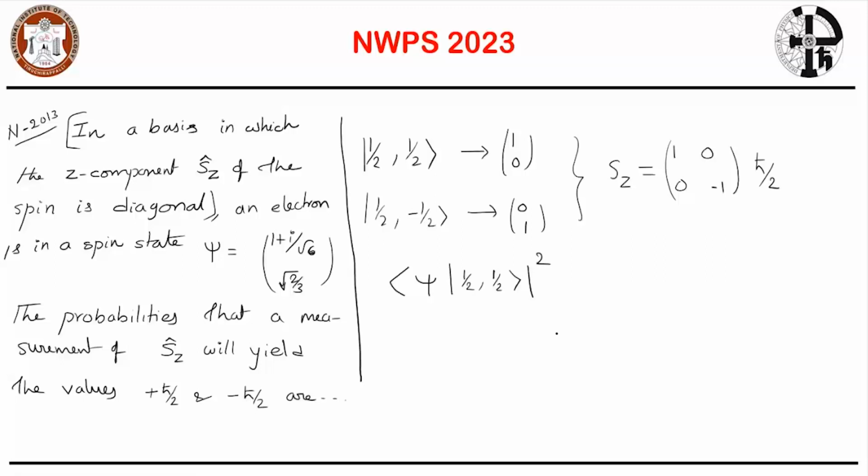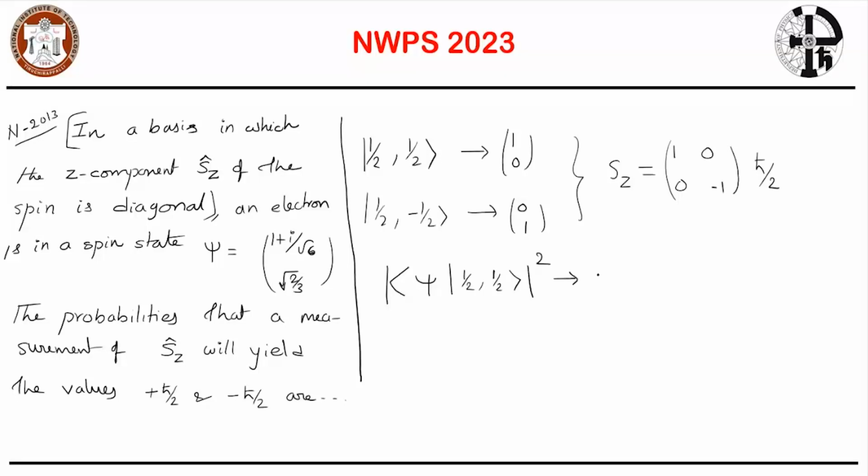There are two states, and half tells you plus h by 2. The Sz value for this one is plus h by 2. Given this state, the probability that you find plus half is this.